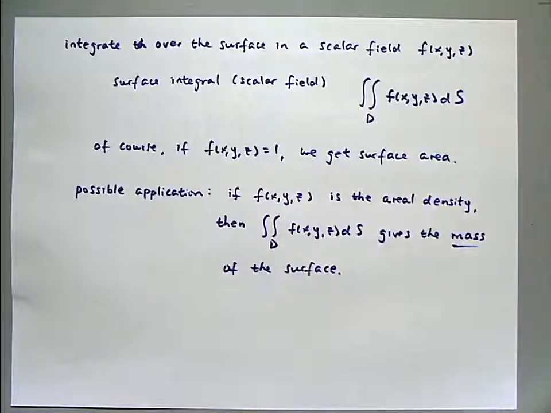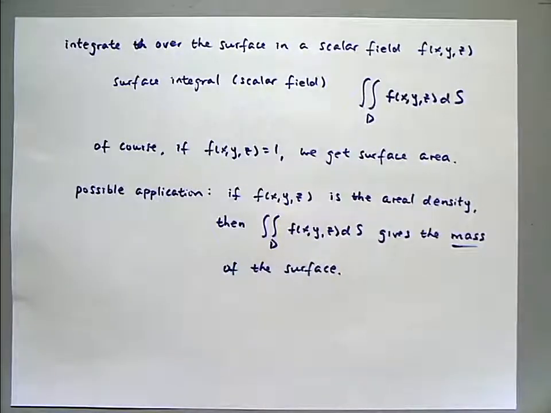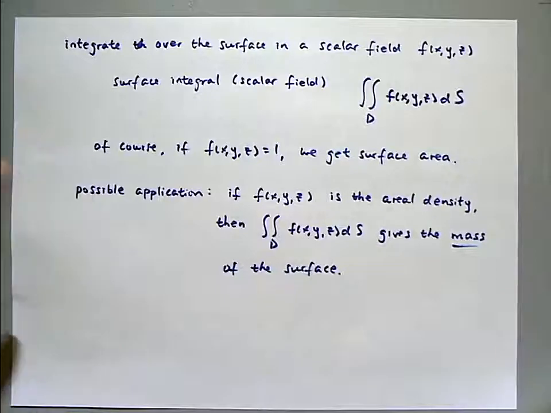So for example, in most commercial airliners, the nose contains a weather radar and it has some kind of parabolic dome over that to protect that. And that dome is made out of aluminum with other stuff. How much does that dome weigh? If you could describe the shape of that dome by parameterizing that, you integrate the density of that material, then you find the mass of that dome.